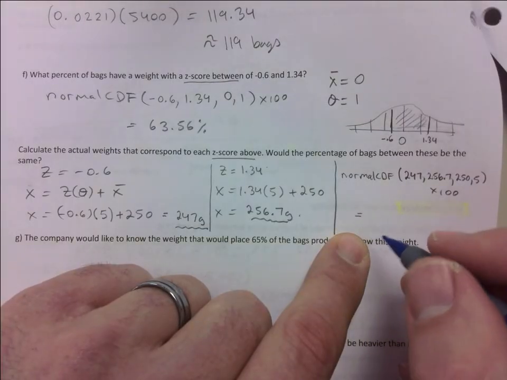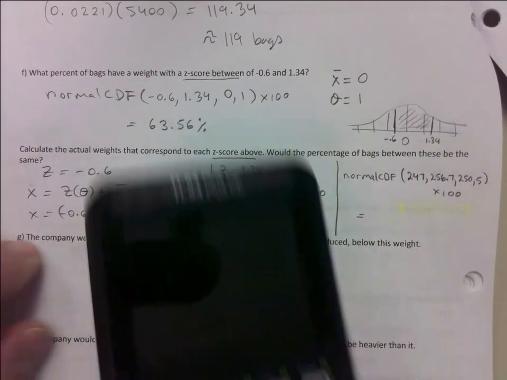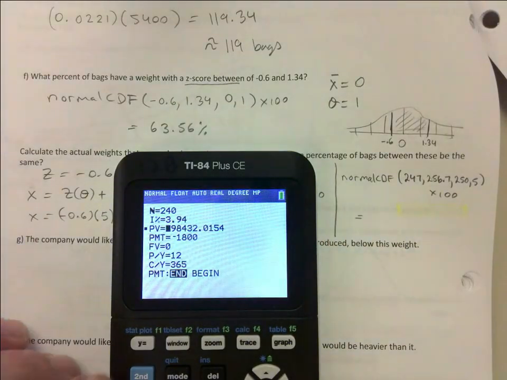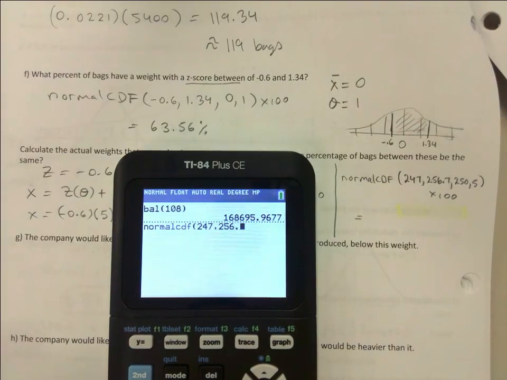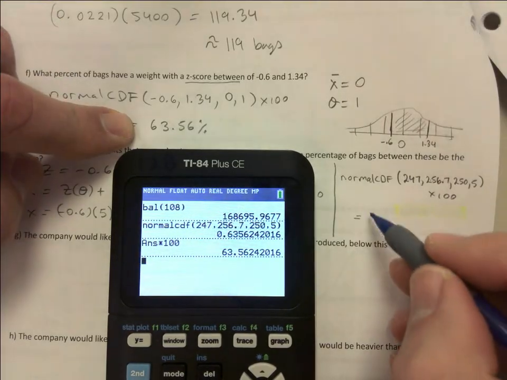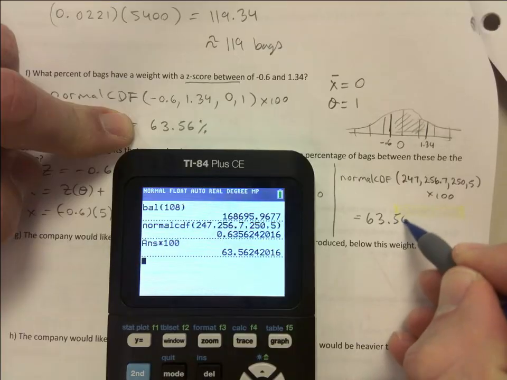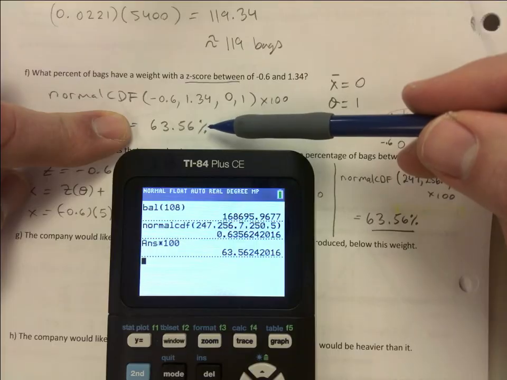You're going to get the same answer: 63.56%, exactly the same as before.